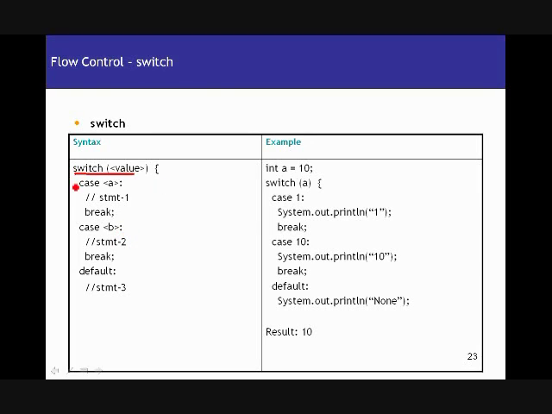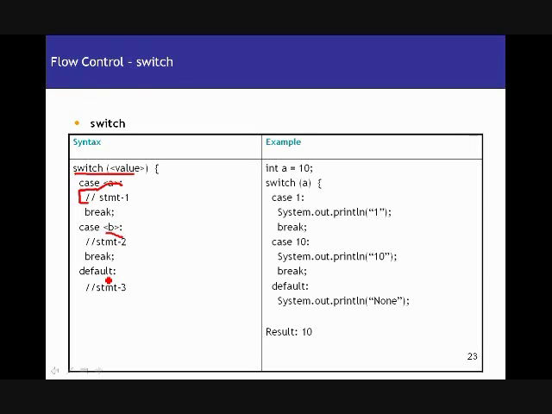So for example, if the value matches case A, then these statements are going to be executed, else if the value matches case B, then this set of statements is going to be executed. Similarly, you have a default which is very similar to else. So if none of the above are true, it's going to execute the default, right?